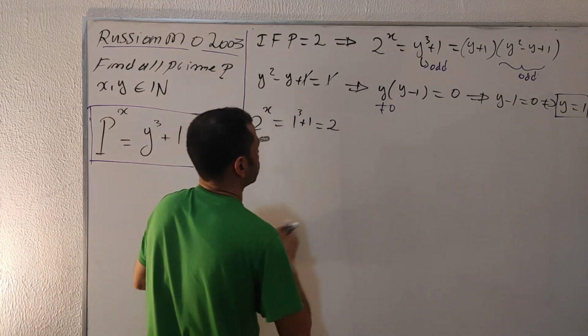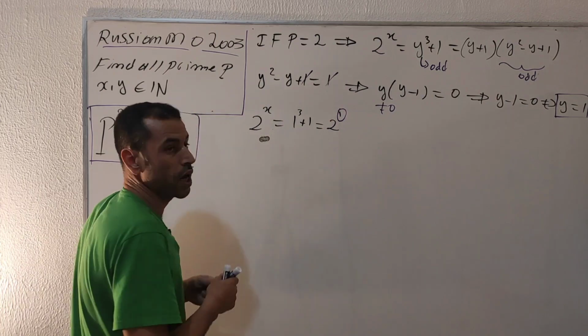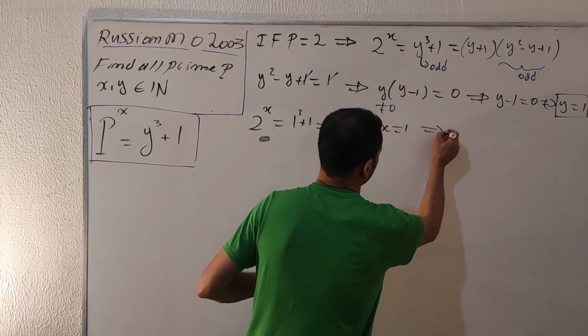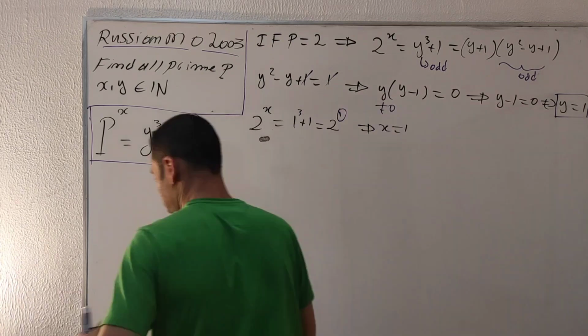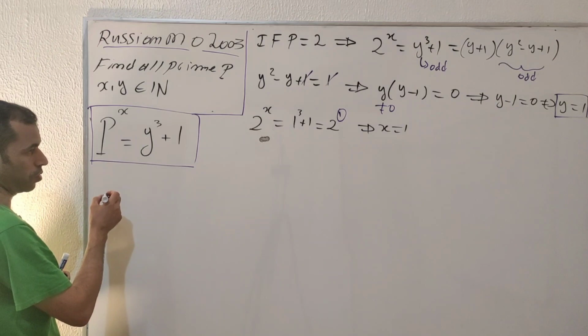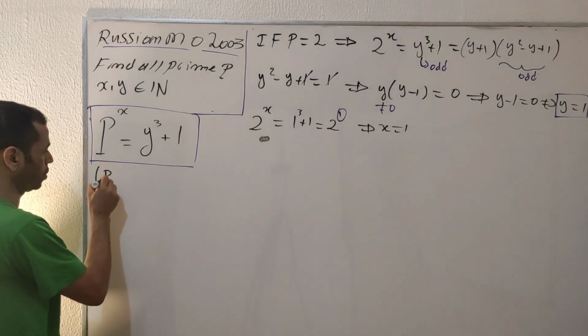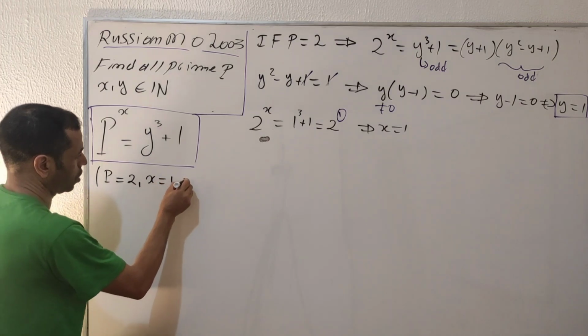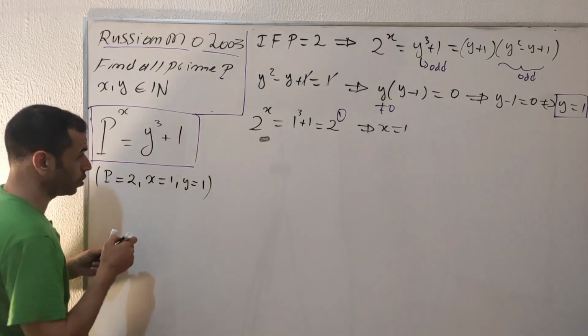So the exponent equals 1 here, which means x equals 1. So I have the first solution: p equals 2, x equals 1, and y equals 1.